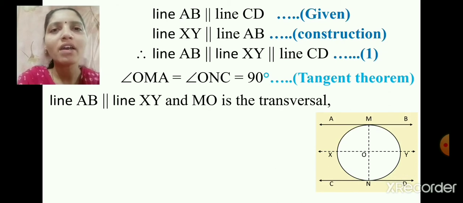Then we can write line AB is parallel to line XY and MO is the transversal.